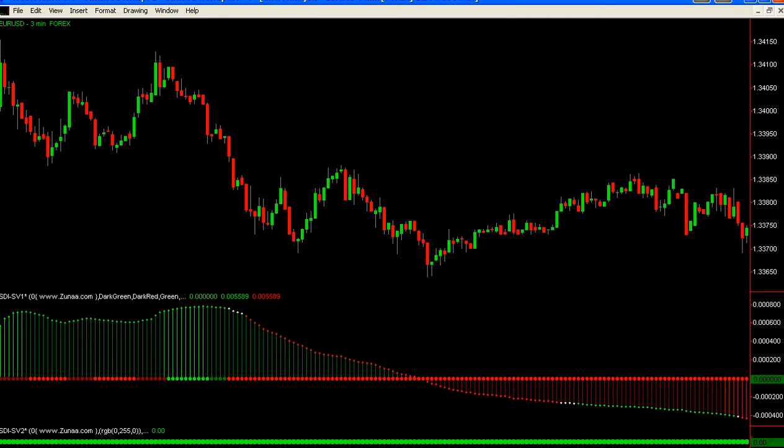It is very common to have the SDI SV2 be green because the market had been going up for some time, and then during one of the sessions, the market starts reversing. That won't be visible on the longer term SDI SV2, but it will be quite visible on the SDI SV1, and then eventually this one will catch up.